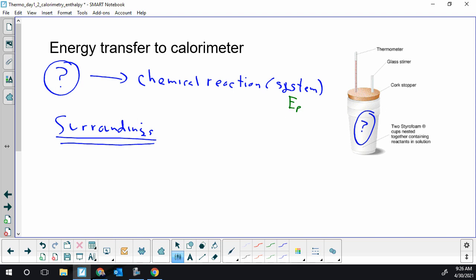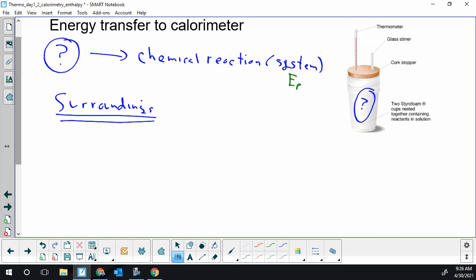There's going to be a potential energy change. That energy is going to go to the surroundings. Okay. The surroundings in this unit is often water. It doesn't have to be, but in most of your labs, that's where that energy is going to go, and that's where we're going to measure the temperature change in.